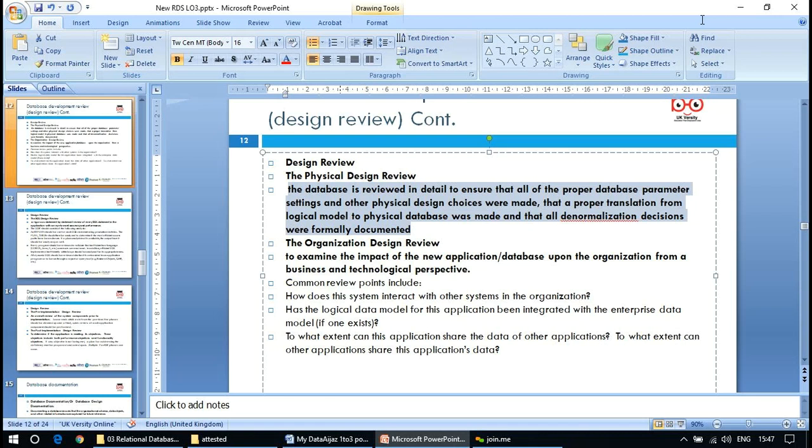Yeah. So physically you need to ensure that the database parameters and every physical design choice that you made, the selection of the data type, storage, and database settings, is a proper translation from the logical model.